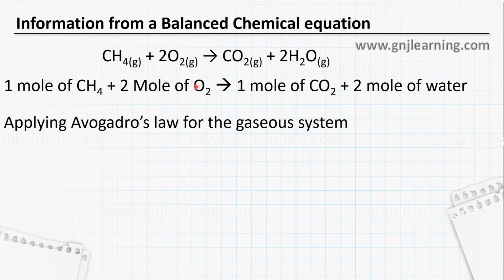What was Avogadro's law? Avogadro's law was saying that equal volumes of all the gases at same temperature and pressure contain equal number of molecules. Or the other way around, equal number of molecules of different gases at same temperature and pressure will occupy the same volume.